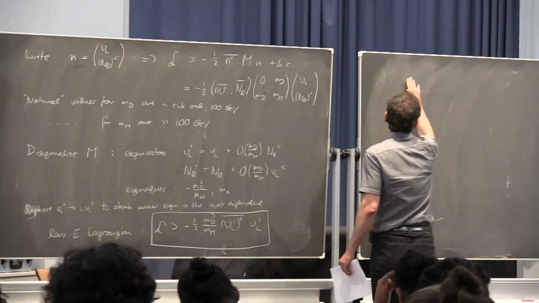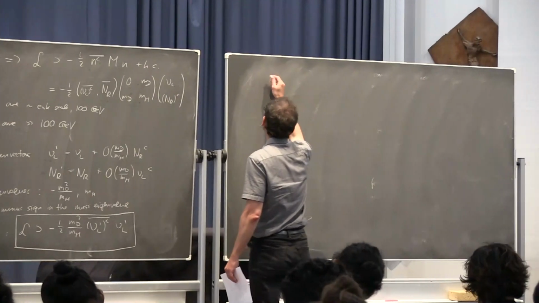Now, the typical numbers that we need to be phenomenologically viable.